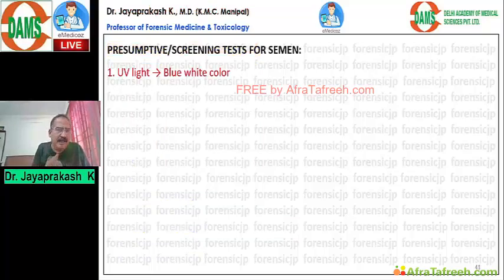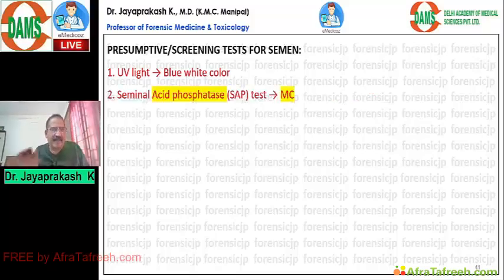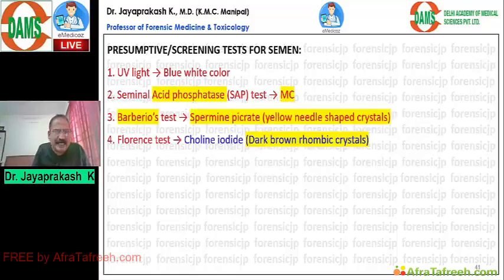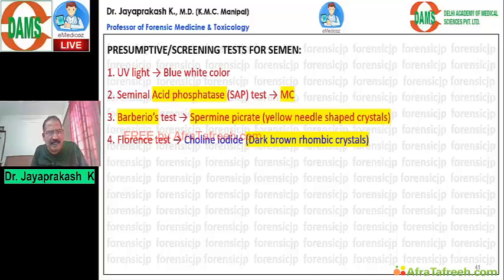What are the presumptive signs? Number one, you pass UV light, then you see blue-white color. Remember, the most common test used for screening for semen is the acid phosphatase test. Yellow needle-shaped crystals are seen in the Barberio test, by the presence of sperm in picrate.